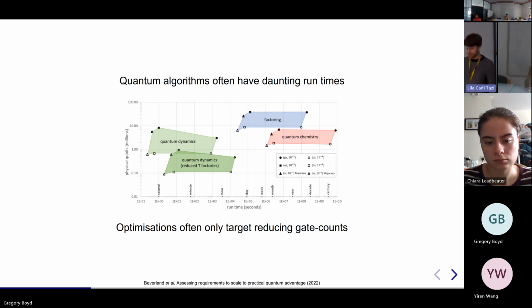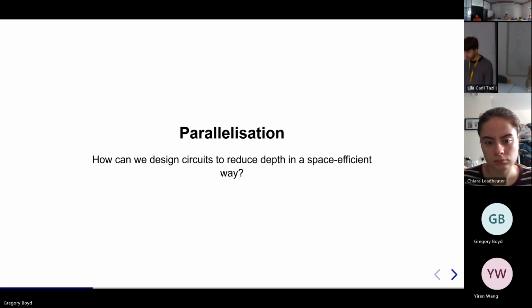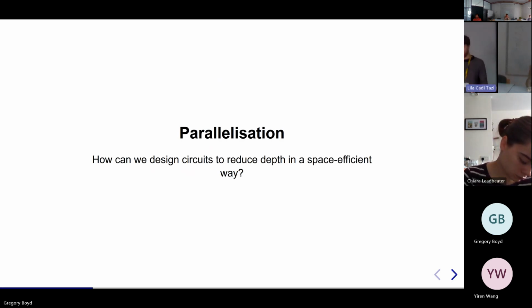And so that's why in this talk I'm going to be talking a little bit about parallelization. I'm sort of defining parallelization as how can we design circuits to trade off space for time in as efficient a way as possible. So there are some standard ways you could think about parallelizing quantum algorithms.